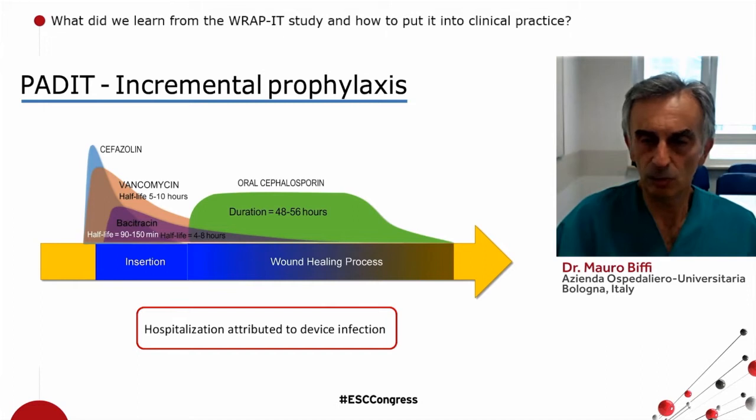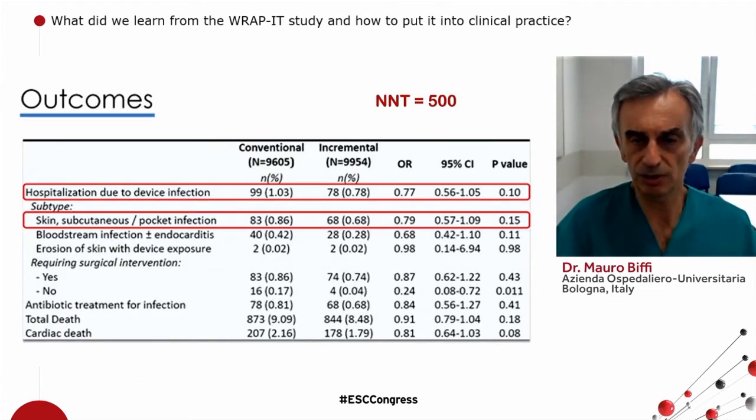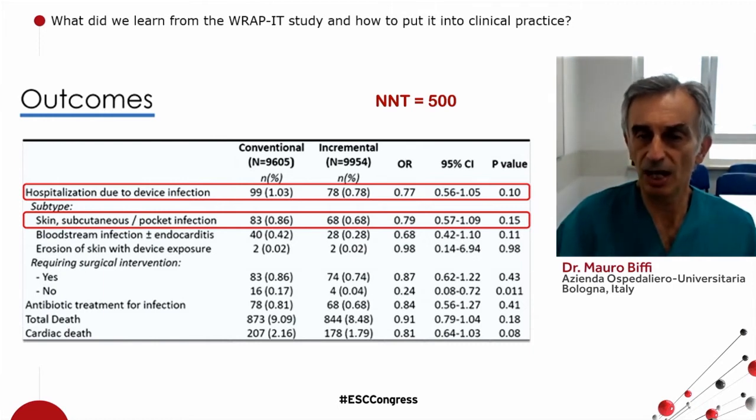This study involved 20,000 patients and had as primary outcome hospitalization due to device infection. Despite showing a 23% reduction of the primary endpoint, this was not statistically significant, and with a number needed to treat as high as 500, it is barely feasible to translate into clinical practice.